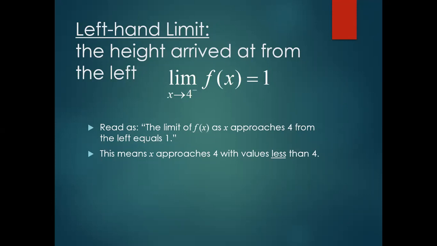Ibig sabihin, ang iso-substitute natin ng mga value ng x ay less than 4. Ano ba yung mga value less than 4? 3, 2, 1, and so on. Basta kapag may minus sign after the number, it's from the left. Pero kapag it's a plus sign, ang iso-substitute natin na number ay from the right.